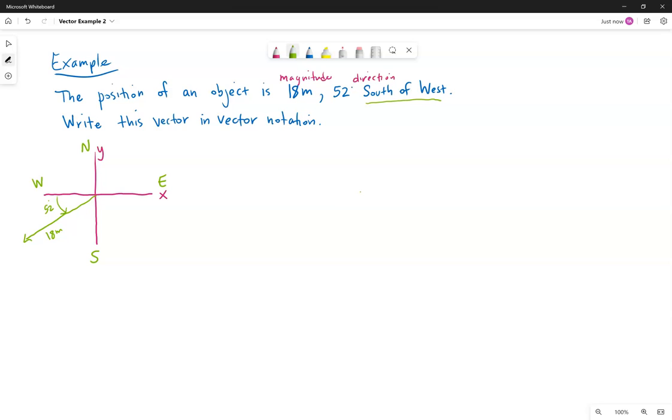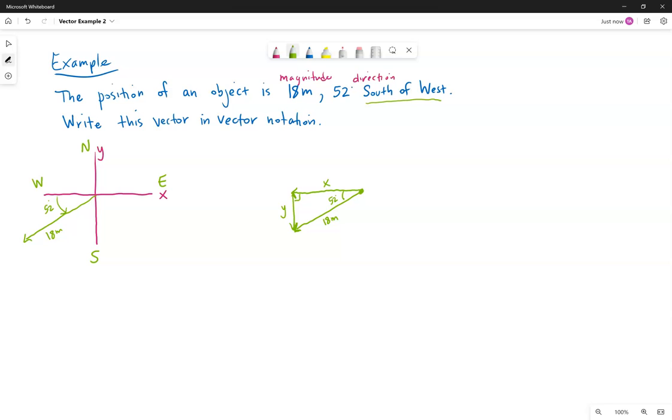I'm just going to draw it again to the side and draw in my x components. I know I have to travel to the left and then down to start at the same place and end up at the same place. I know the hypotenuse is 18 meters long. I know this angle is 52 degrees.